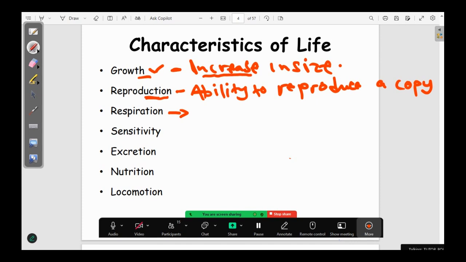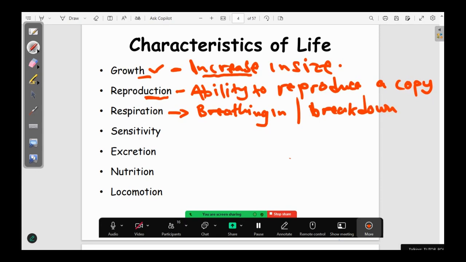So that's an example of respiration. We can say the breathing in and breathing out, or we can say the breakdown of glucose. So guys, if you have any questions on what I'm explaining, please feel free to ask.